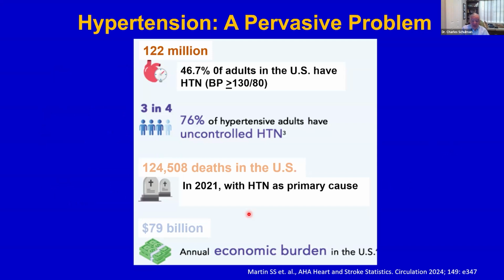Hypertension is a pervasive problem worldwide. It's estimated that 122 million people in the United States have blood pressures over 130 over 80, which, as you'll see, is the gold standard. 3 out of 4 hypertensive adults do not have controlled hypertension, that is, have uncontrolled hypertension.